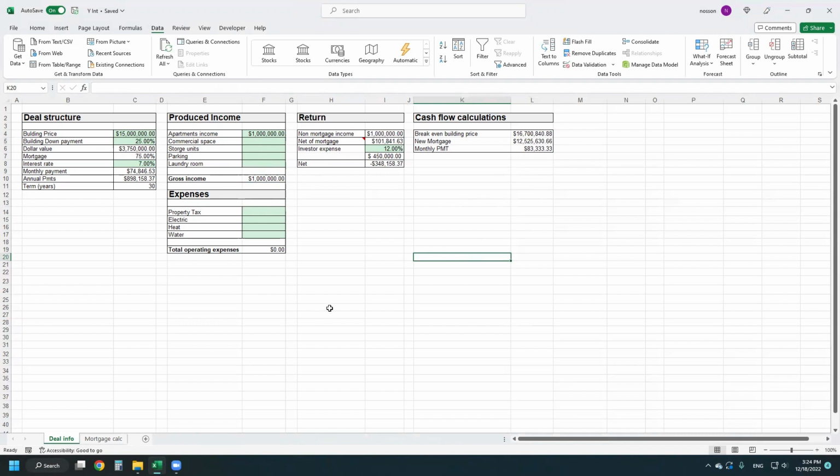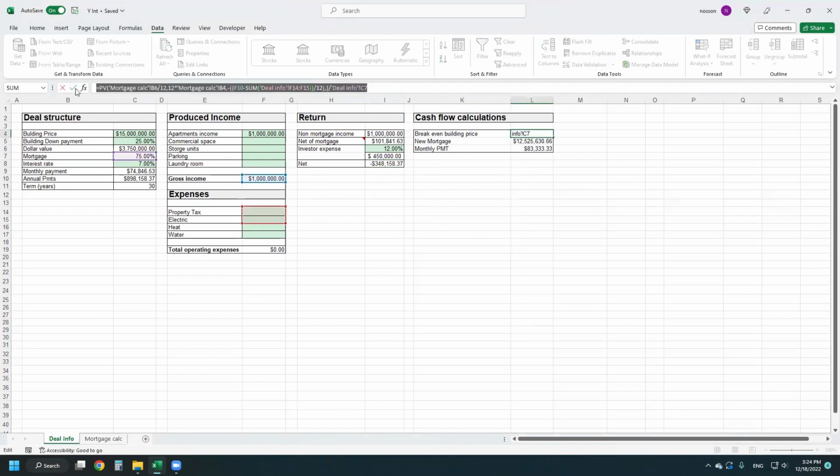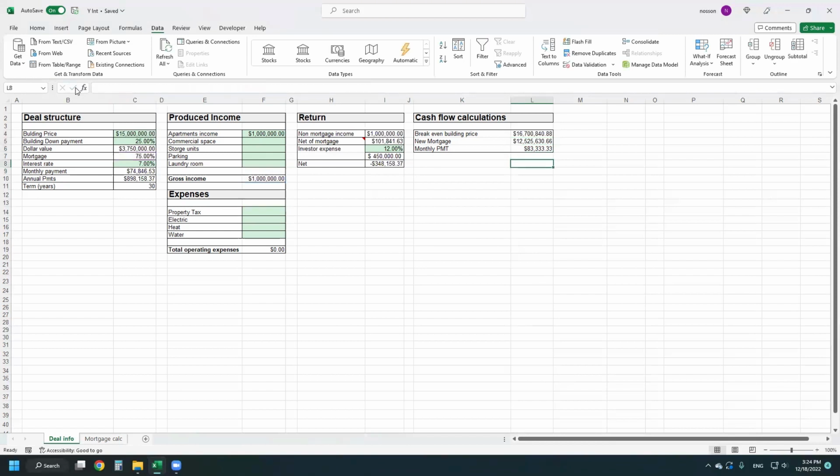To get a number for this break-even, let's copy this formula. I didn't set it up completely, I only did it partially. In theory, we would want to add here how much more we are spending that we can't afford in the monthly payment.